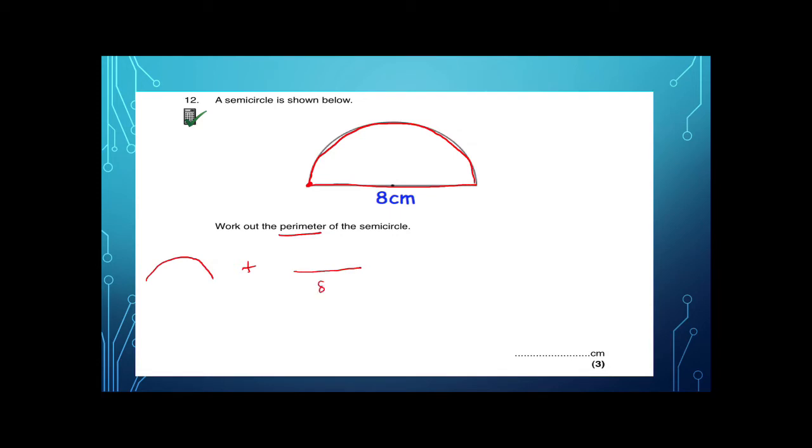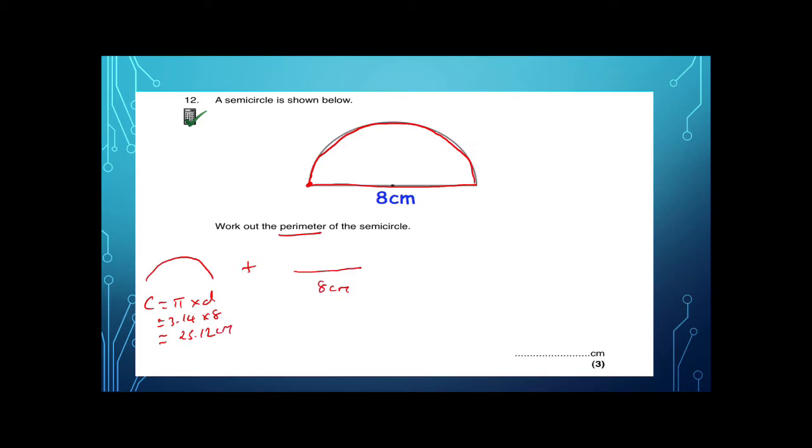We know that this is 8 centimeters, and we've got to find this half of the semicircle. So C is equal to pi times the diameter. I'm going to use 3.14 times 8, and 3.14 times 8 gives us 25.12 centimeters.